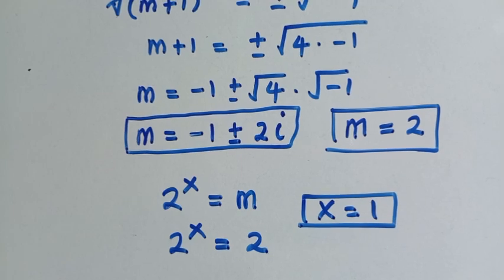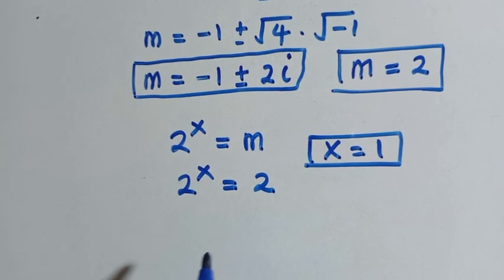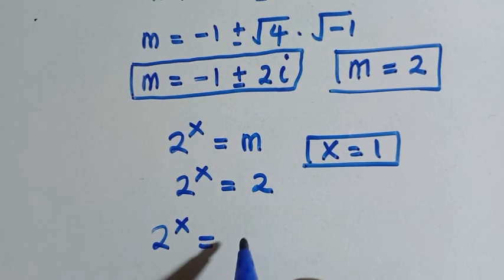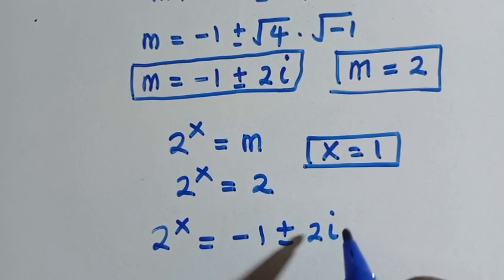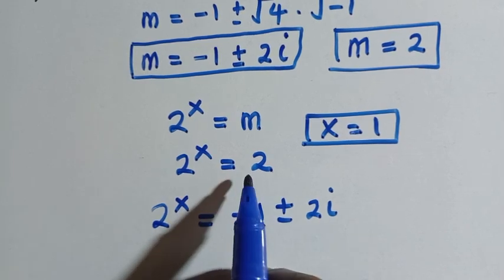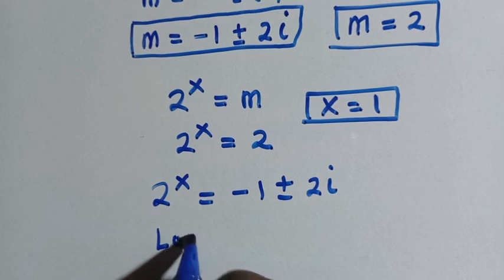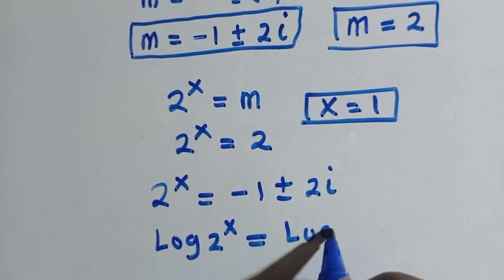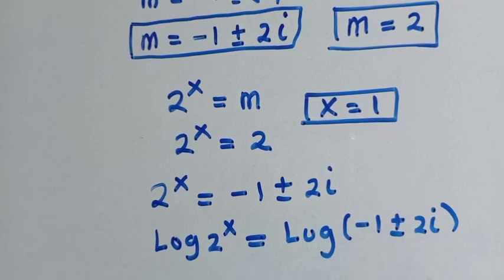And also for the other part, which is when m equals minus 1 plus or minus 2i. So when we recall again, 2 power x equals m, and m is now minus 1 plus or minus 2i. But we cannot express this as the base of 2 just like the one we did. What to do here is we introduce logarithm to both sides. So we have log of 2 power x equals log of minus 1 plus or minus 2i.